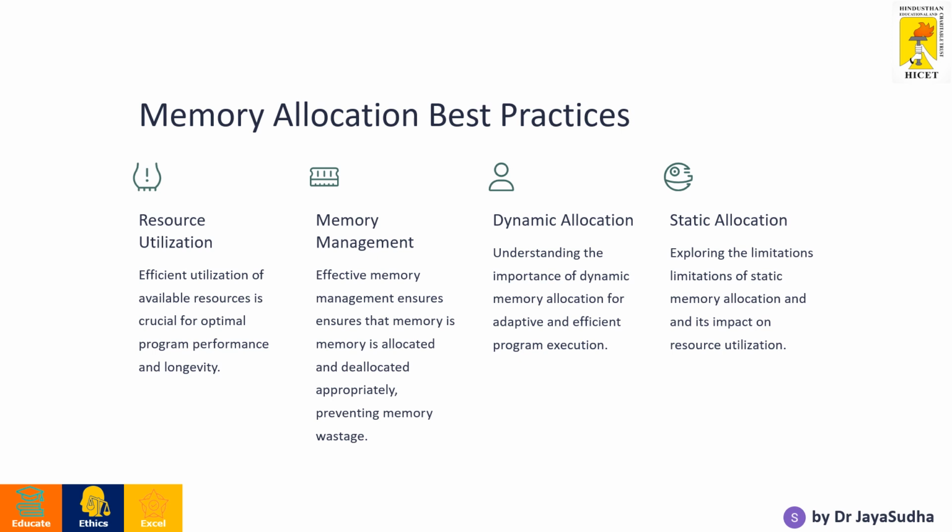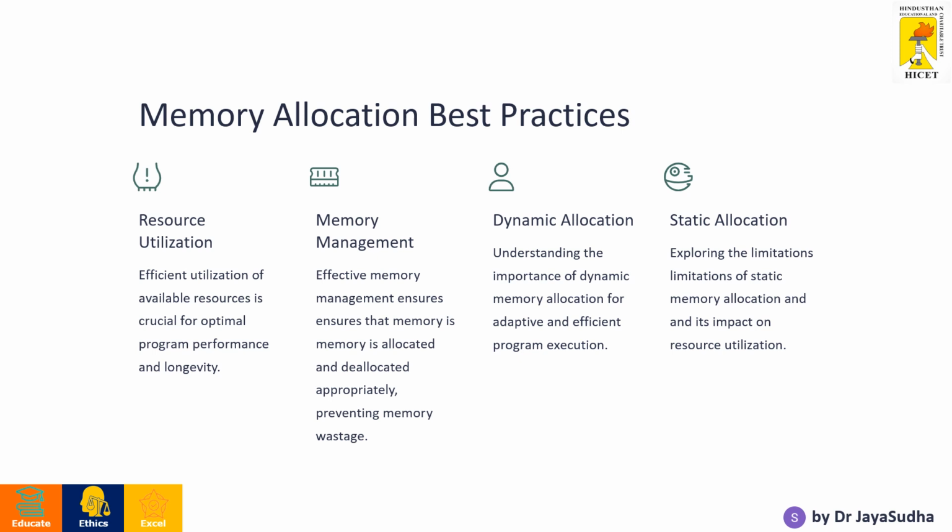Dynamic memory allocation allows for flexible memory management during program execution, enabling efficient utilization of memory resources. Best practices for dynamic allocation include limiting dynamic allocation, like minimizing dynamic memory allocation where possible, as it can lead to fragmentation and overhead.